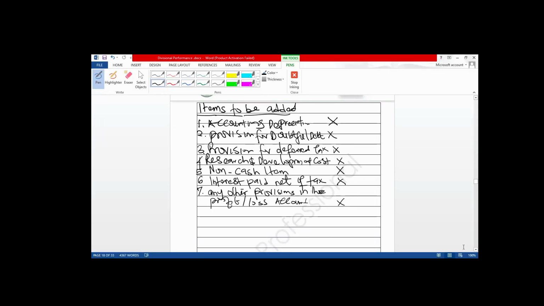Please, you can document this format too and put in your notes. These seven items, add back. Then items to be deducted. One, economic depreciation.